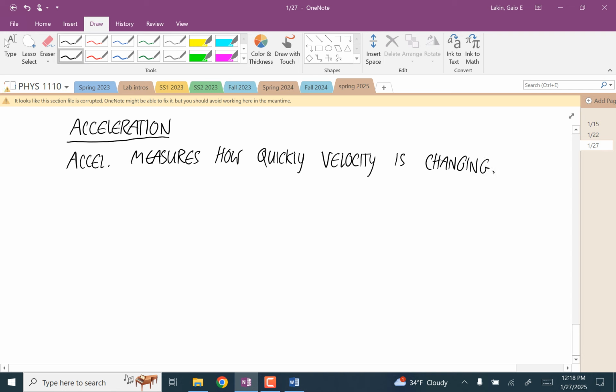Okay, so if velocity is 0, that means that the position is staying wherever the thing is. Think about what this means. If the acceleration is 0, it means that the velocity is not changing at all. But it doesn't mean that the thing is staying still. It just means the velocity isn't changing. It could be negative 500. It's just staying negative 500.